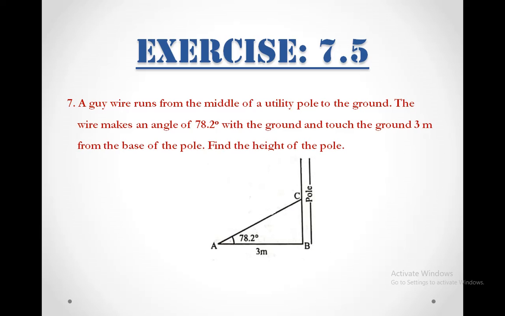We first of all formulate the diagram. The middle portion of the pole is mentioned with the point C. We have the right triangle ABC with the angle measurement given as 78.2 degree and the distance of the foot of the pole from observation point, it is 3 meters. Hope the diagram is clear to you all.